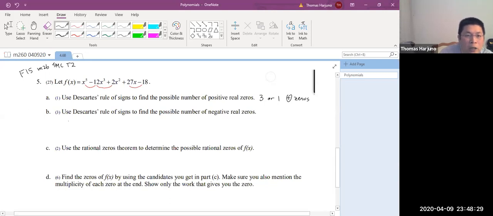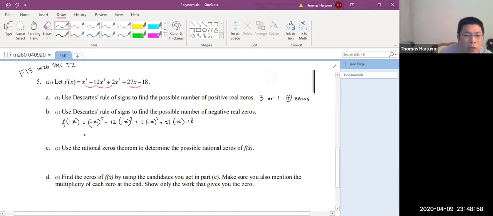Now, to find the negative zeros, I need to first see what f(-x) will look like. So negative x to the 5th minus 12 times negative x cubed plus 2 times negative x squared plus 27 times negative x minus 18.